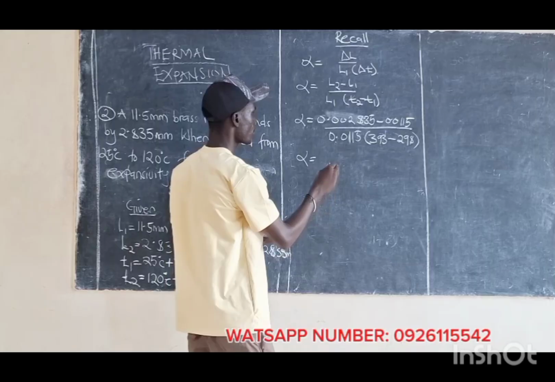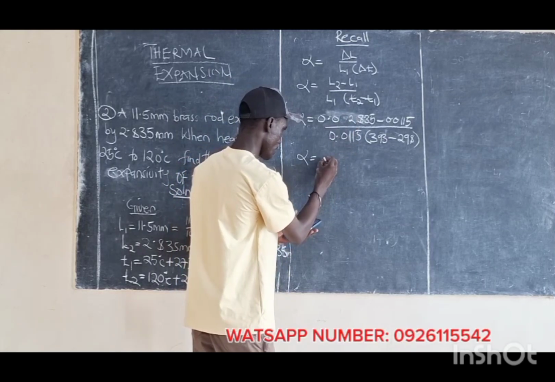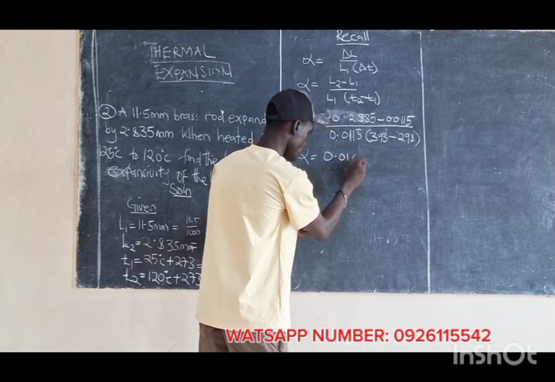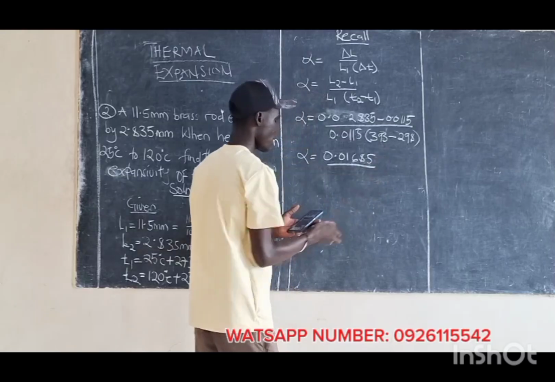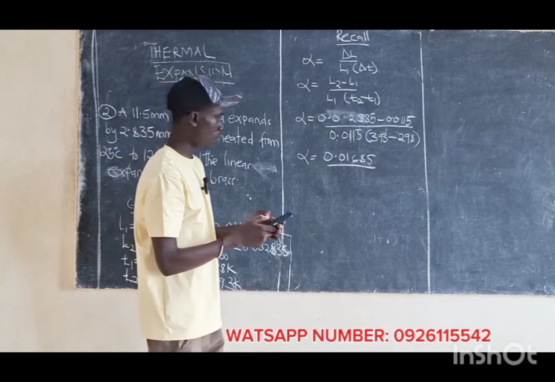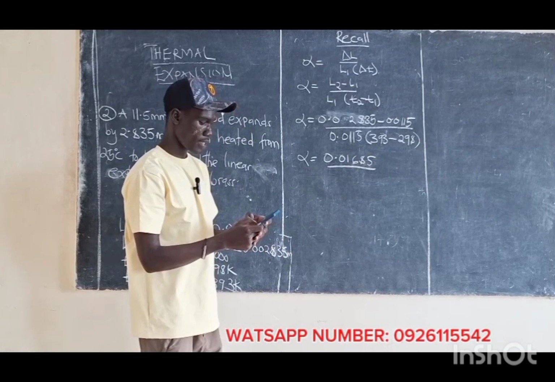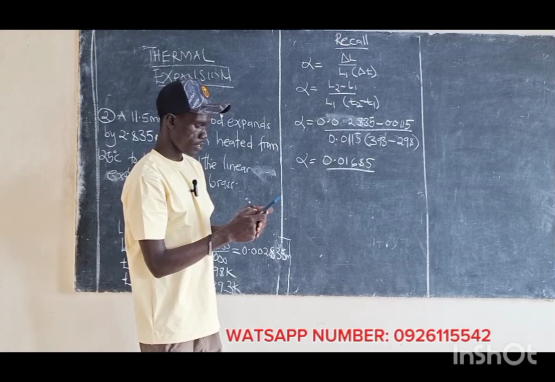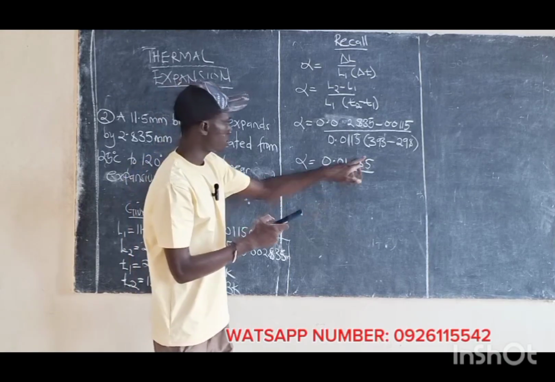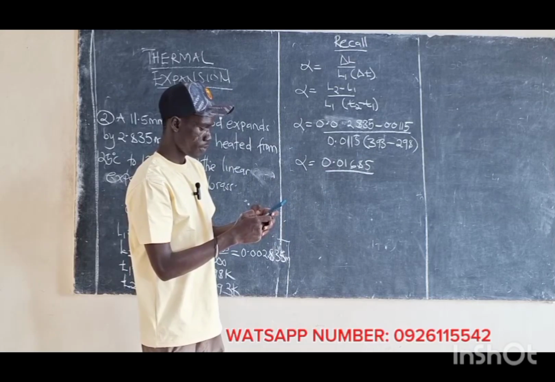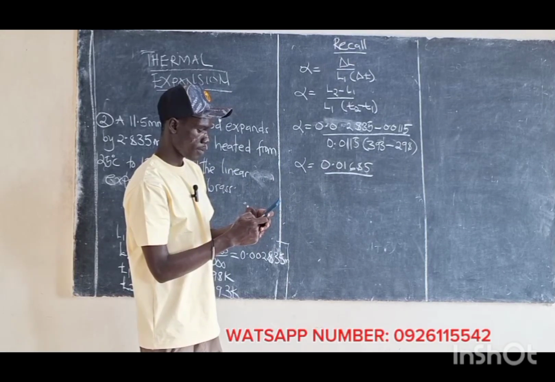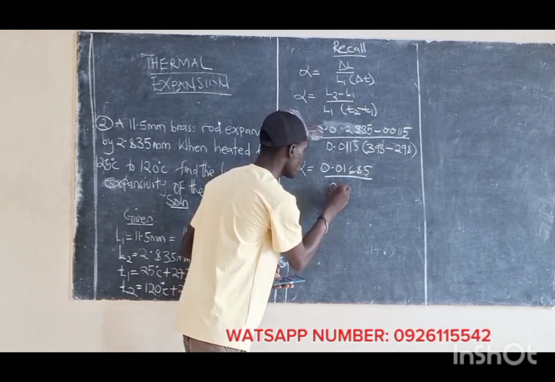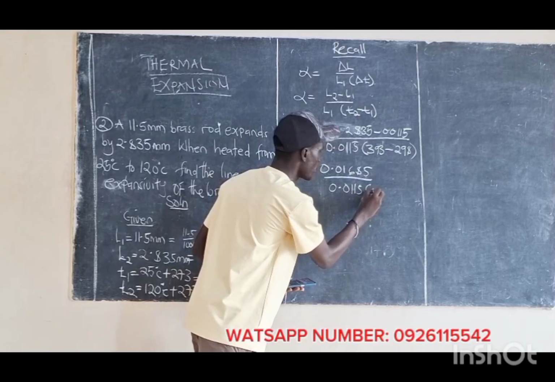Here we are going to get 0.01685 all over. We're going to deal with the lower one. Let's subtract 393 minus 298. Here we are going to get 95 in this bracket. Let's say 0.0115 into 95.